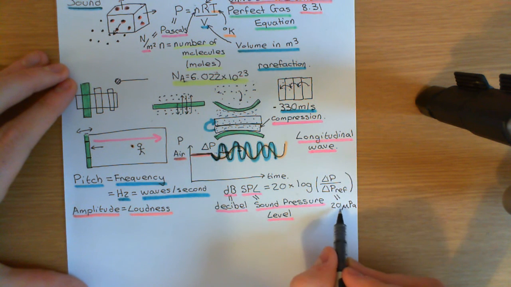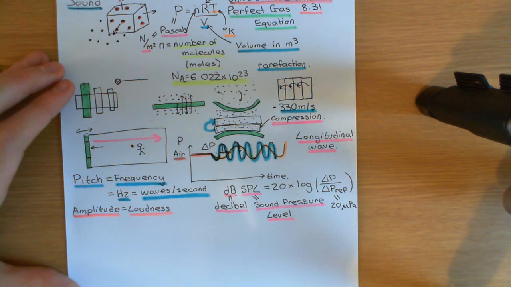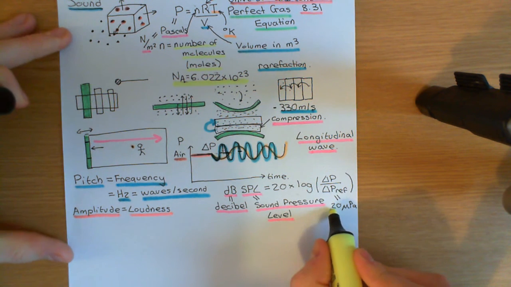20 micropascals is one of the smallest amplitude sound waves, the smallest sort of pressure change that the human ear can just about pick up, which is why we use that as our reference pressure.